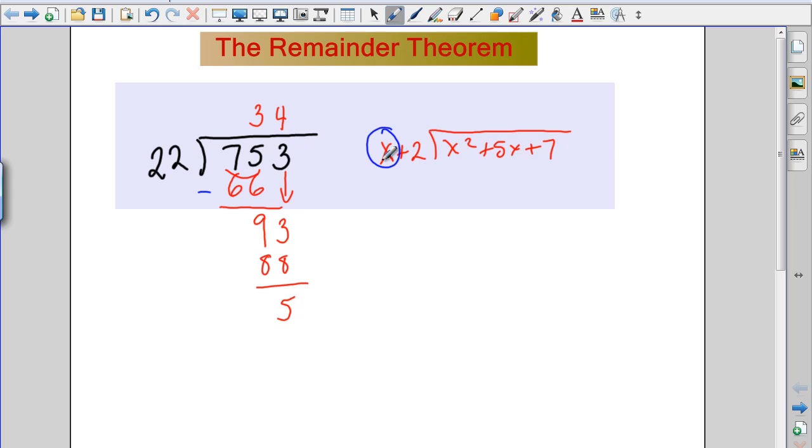And what we want to do is think x times what is equal to x squared. The reason we think this way is we want to rid ourselves of each of the terms in the dividend till we have none left, similar to what we did in our long division question. The answer to that is x. So that means that we are multiplying our first x by the multiplier x to give us x squared.